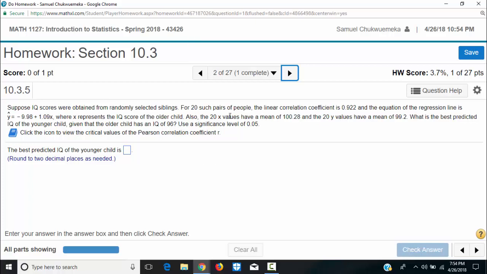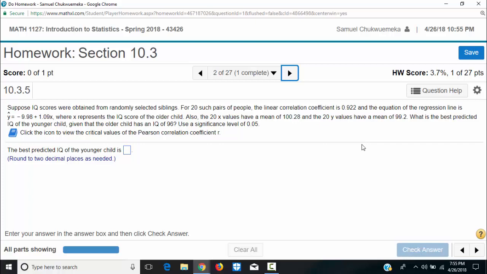So the sample size is 20. The correlation coefficient is 0.922. The absolute value of 0.922 is still 0.922. Now we are going to compare this. As you can see, 0.922 is a high value.